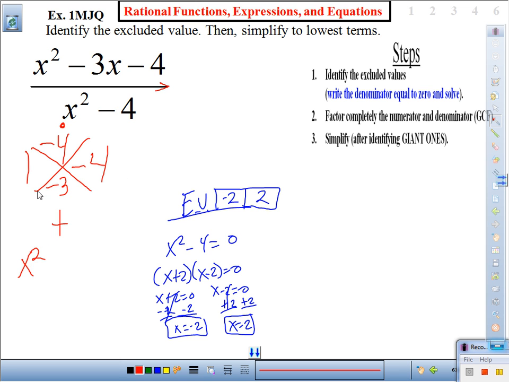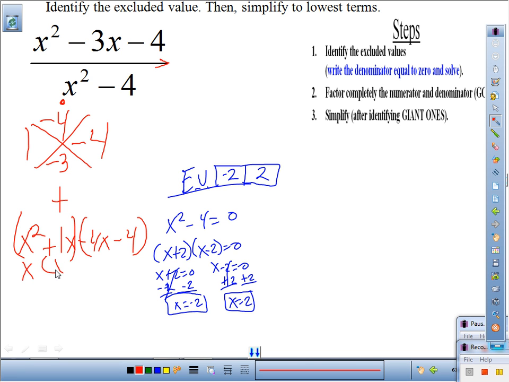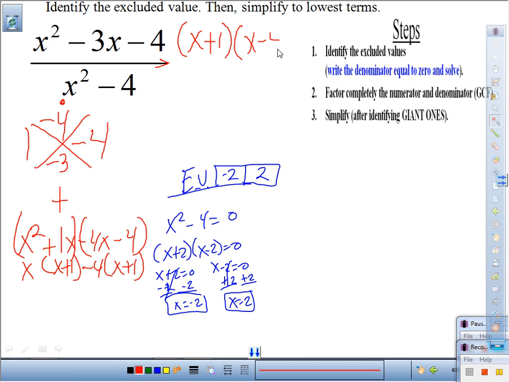This is x squared, and then we got 1x minus 4x, and the last term is negative 4. Therefore, group. GCF here is x. We're left with x plus 1. GCF here is negative 4 and x plus 1. So what are my factors? x plus 1 and x minus 4.